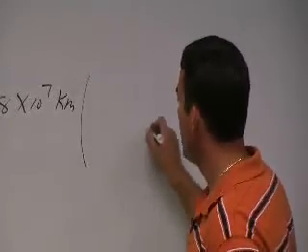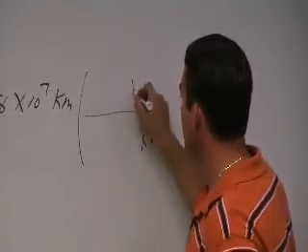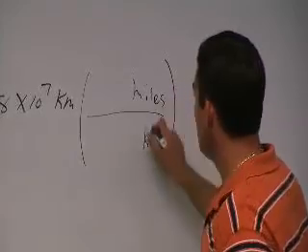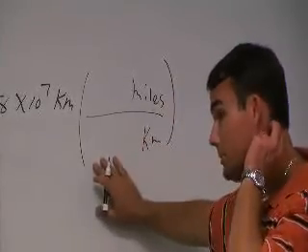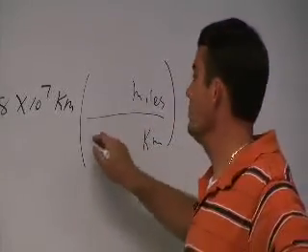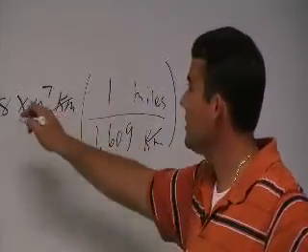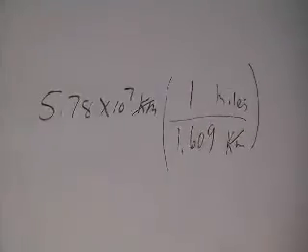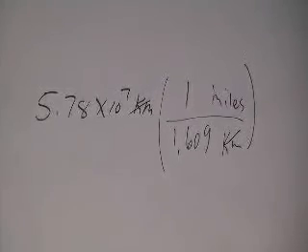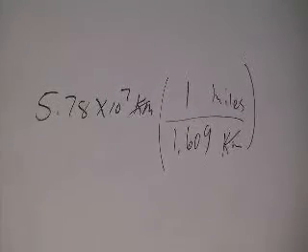Okay. Here's what we got. We got kilometers here and we got miles up here. So what have we got? What's the conversion? 1.609 kilometers in 1 mile. Now that's gone. Look here. The 6.7 times 10 to the 8th, is that married to the mile or is that married to the hour?